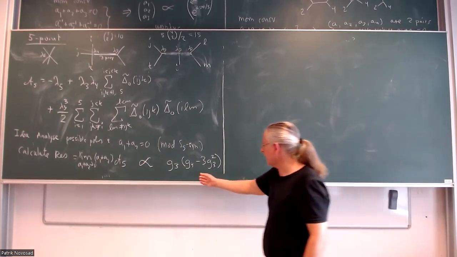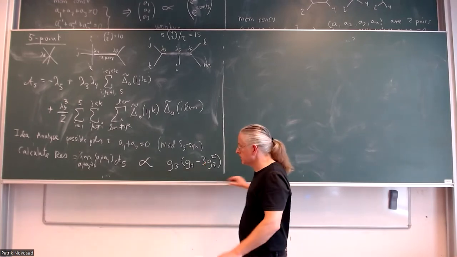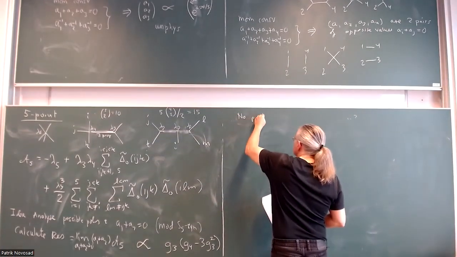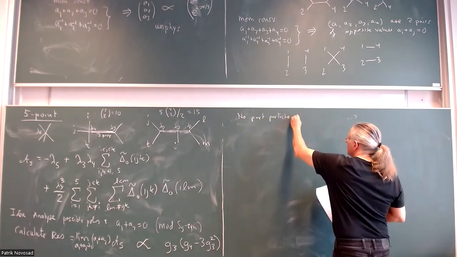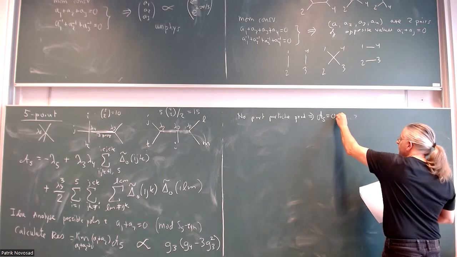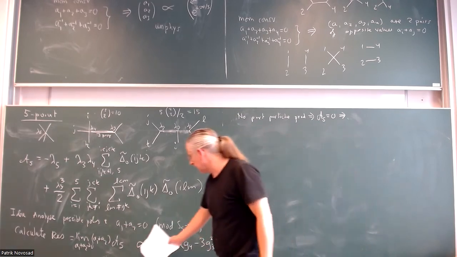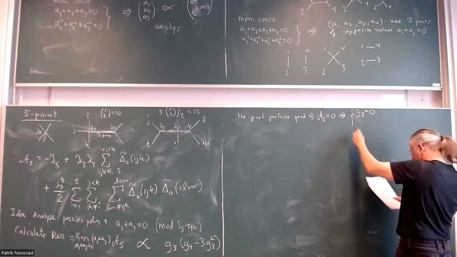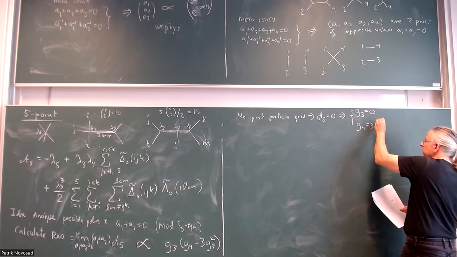But that's a very interesting result, because the logic is now the following: no particle production means that A5 should be 0, and if A5 should be 0, then we see that there should be no poles, and then either it's because G3 is 0, or it's because G4 is equal to 3G3 squared.